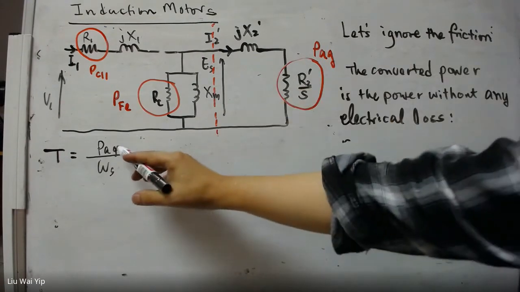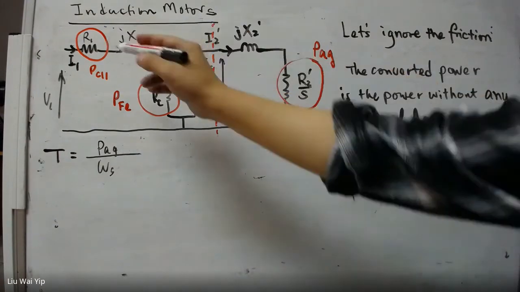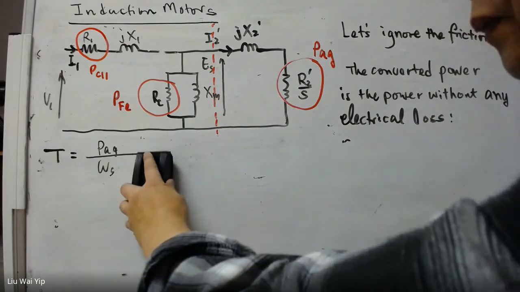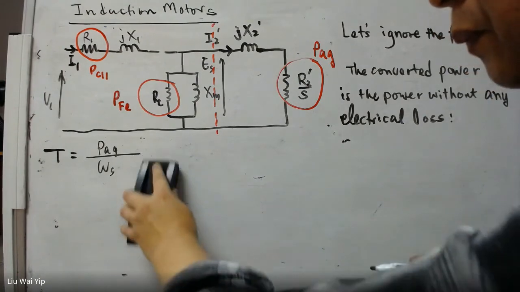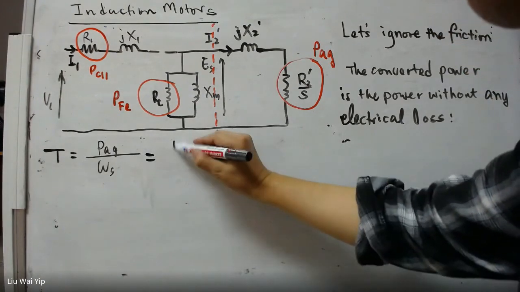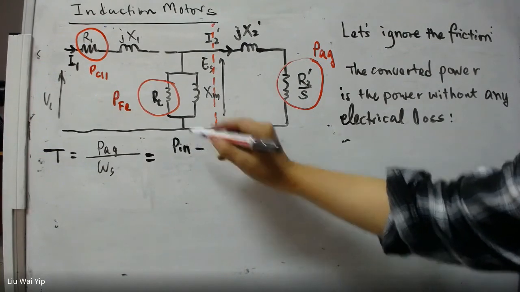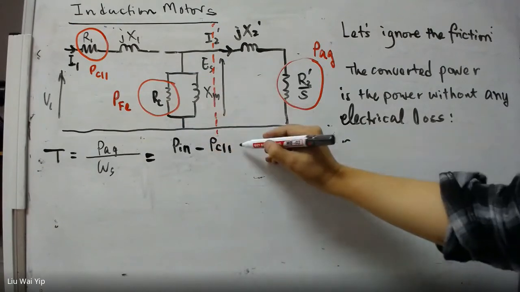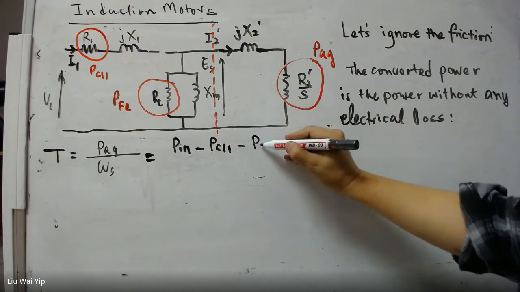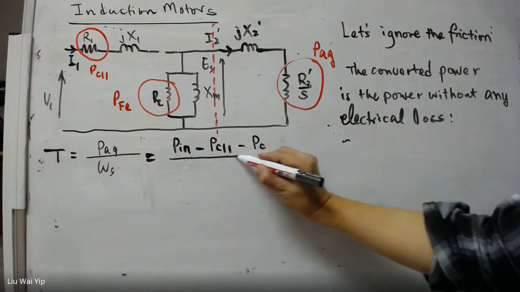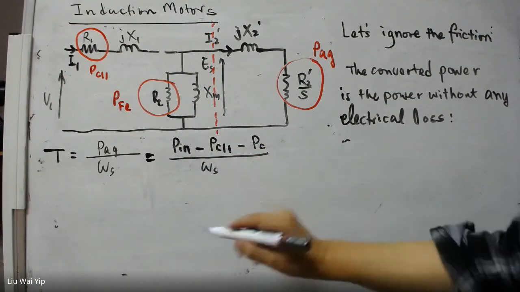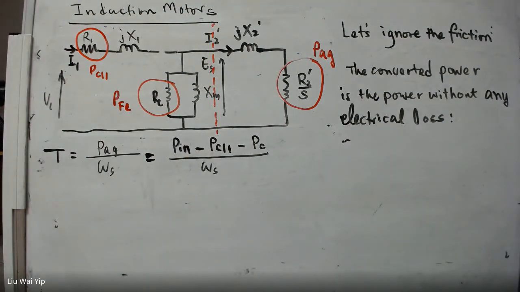And this air gap power is the input power minus the copper loss and core loss, divided by omega_s, which stands for the angular velocity of the rotating magnetic field.